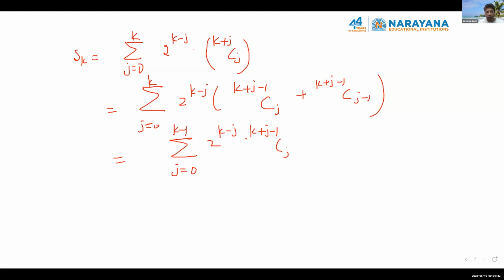And I can take 2 out so that it also becomes 2 power K minus J minus 1. And the last term, for J equal to K, you can write separately. So what is that term? That is going to be 2 power 0 only, and this, if you write K, will become 2K minus 1 CK. Is that all right or not? This is the first term.